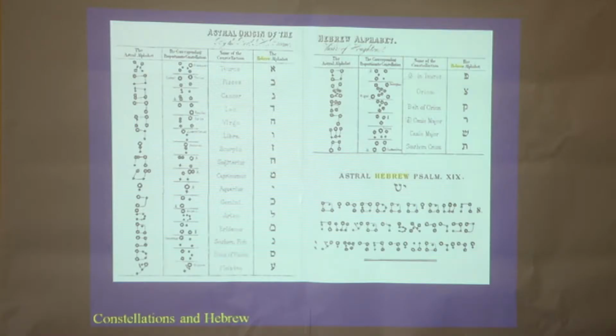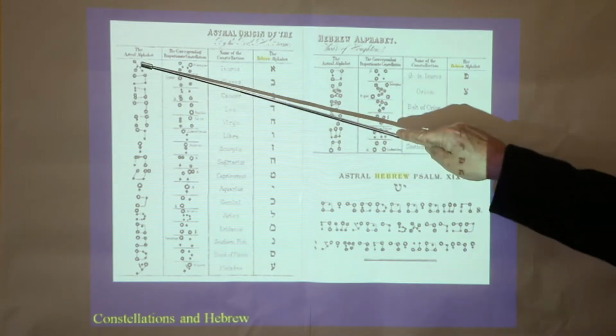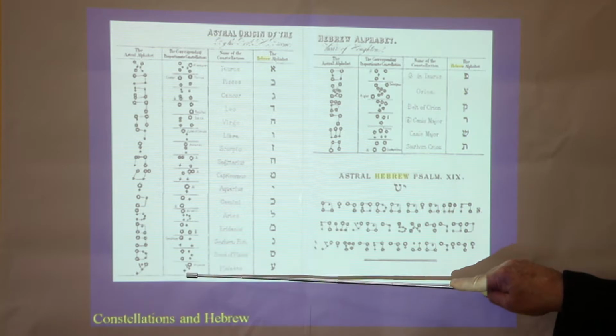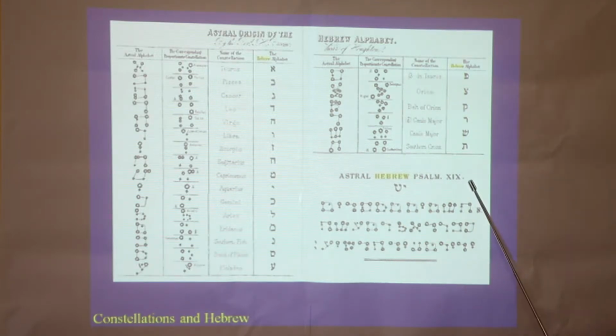And amongst the Hebrews, they had what's called the astral origins of the Hebrew alphabet. Each of the Hebrew letters begins as a star. And there are several celestial alphabets, and I'll talk about that. And then the Hebrew Psalm 19 is really a star alphabet.